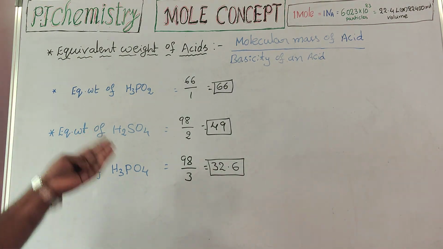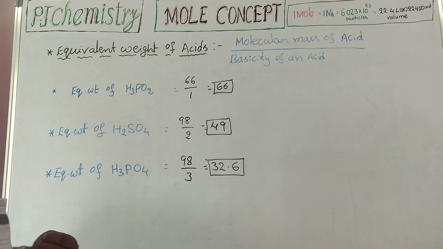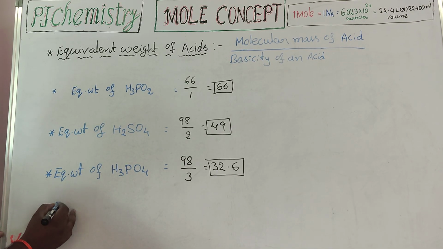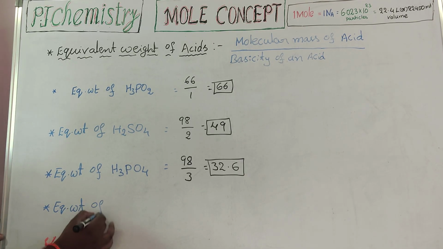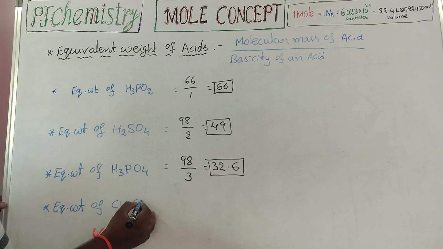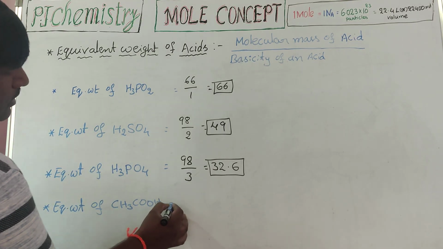Okay, this is the way to calculate the equivalent weight of acids. Find out the equivalent weight of acetic acid, CH3COOH.